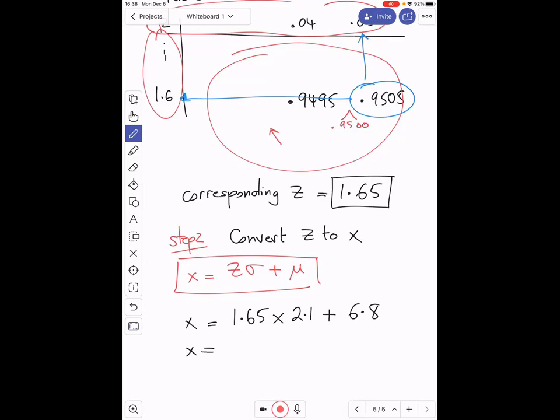So 1.65 times 2.1 is 3.465, plus 6.8, which equals 10.265 hours.